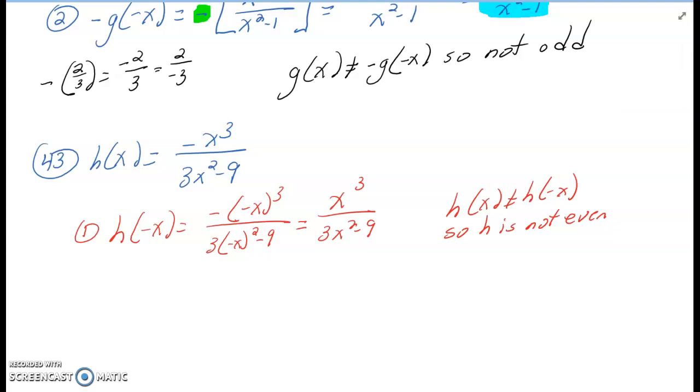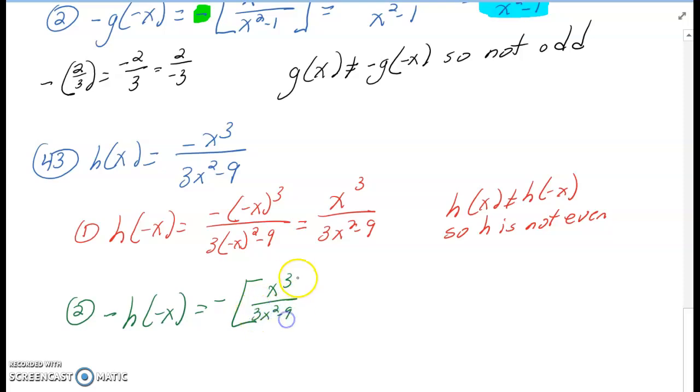Now let's check the odd. So step two, what is h of negative x, or excuse me, the opposite of h of negative x? So that's the opposite of x cubed over 3x squared minus 9. And as I mentioned earlier, we just distribute into either the numerator or the denominator. Again, last year people distributed to both the numerator and denominator, so we need to avoid that mistake.